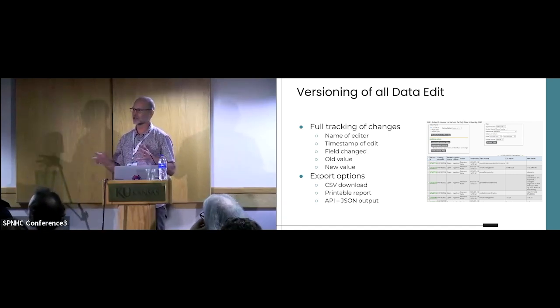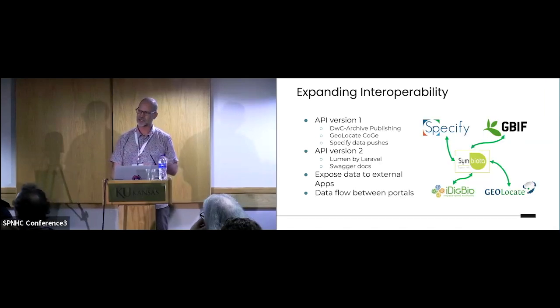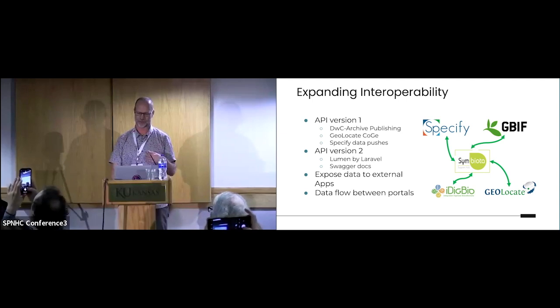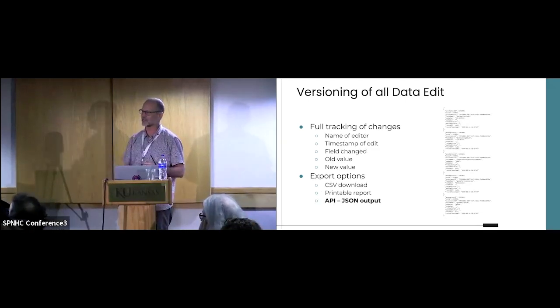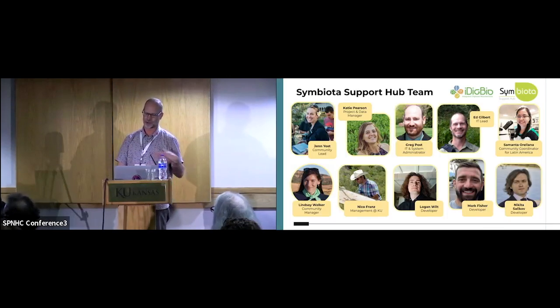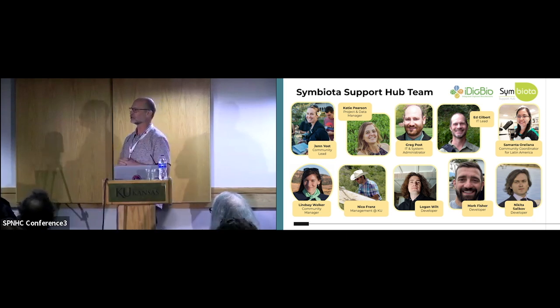So these other data management tools could actually build the tools to query this data and integrate the data back into their central database. And so it's available through the API as a JSON object. This interoperability is something we're really working to push, so that other collections make use of it.